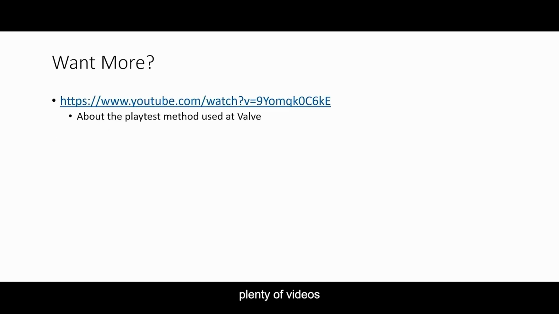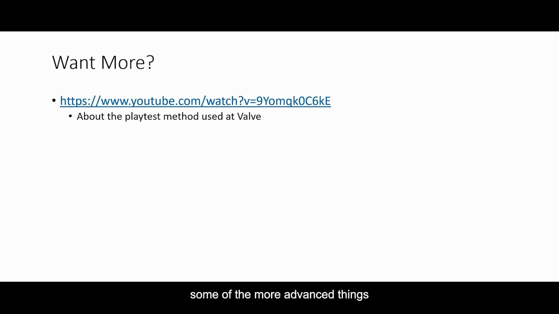Now, there are plenty of videos you can probably look for online to search for how to do playtesting or QA, but I'll leave you with this one in particular, which is specifically about how playtesting is handled at a large game company.